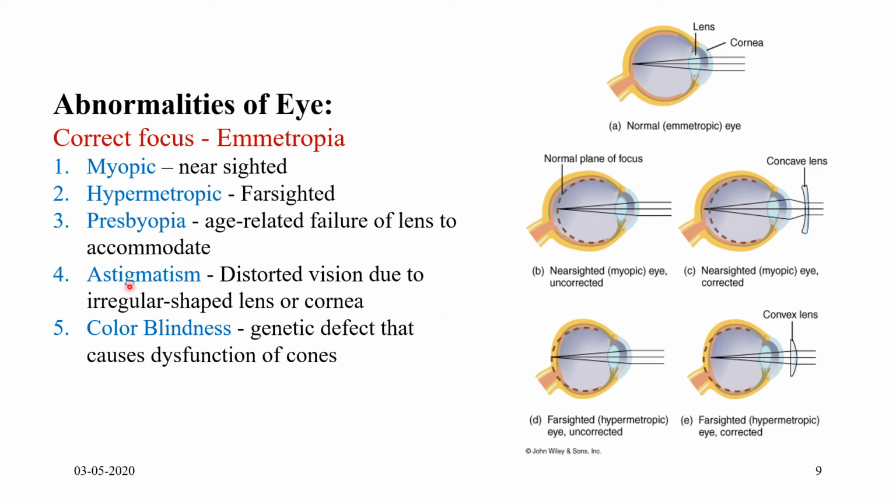Then there is a condition called astigmatism. It is distorted vision due to an irregularly shaped lens or cornea. The other condition of importance is color blindness, which is a genetic defect that causes dysfunction of cones.